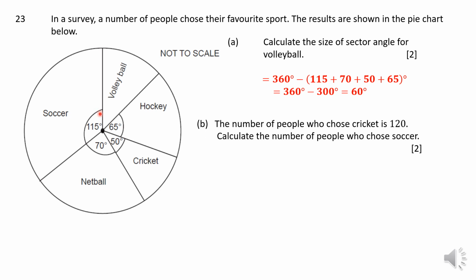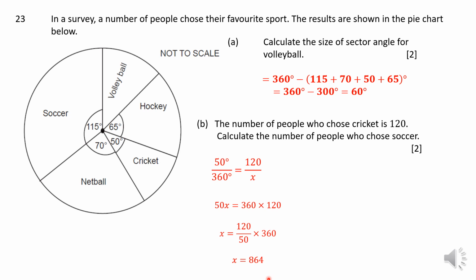Then the number of people who chose to play cricket is 120. So we go to the sector for cricket. What I did is I took 50 over 360, and I say that is equal to 120 people over something. When I find out something, what this is allowing me to do is to find the total number of people who took part in this survey.